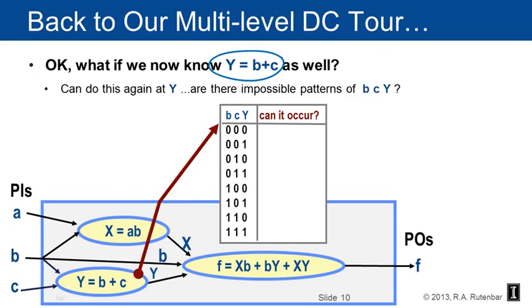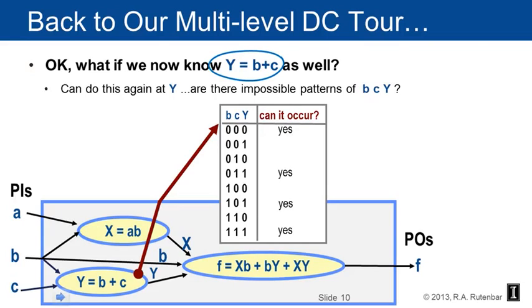We can do this again. We can say, are there impossible patterns of the inputs and outputs of the y node of b and c and y? And so I've got another truth table here that has 3 columns b, c, y with 8 rows from 0, 0, 0 to 1, 1, 1. And the column to the right says, can it occur? And you start just like before with the patterns that can occur. You can send 2 zeros into an OR gate and have a 0 come out.